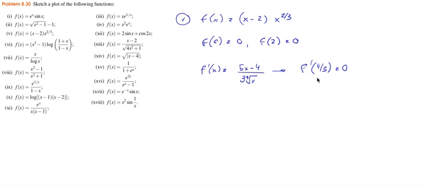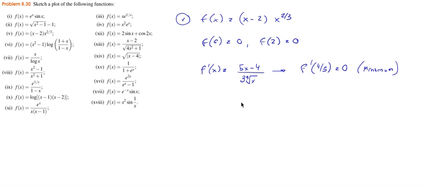So we can say that this is going to be positive when x is greater than this, and negative when x is smaller than this. So the function goes from negative to positive derivative, so this is a minimum. You can check the sign of the derivative, and that's it in this case.